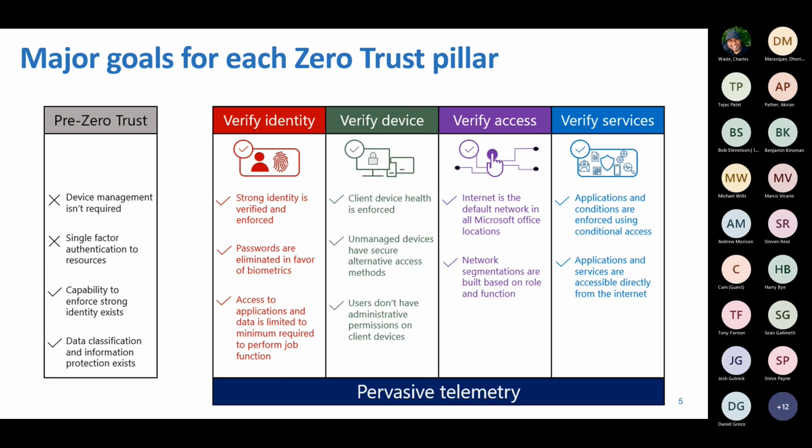These are things that you have to explicitly verify and make sure the users are not accessing data which they shouldn't be accessing. Last but not the least is verifying services, which is applications, right?